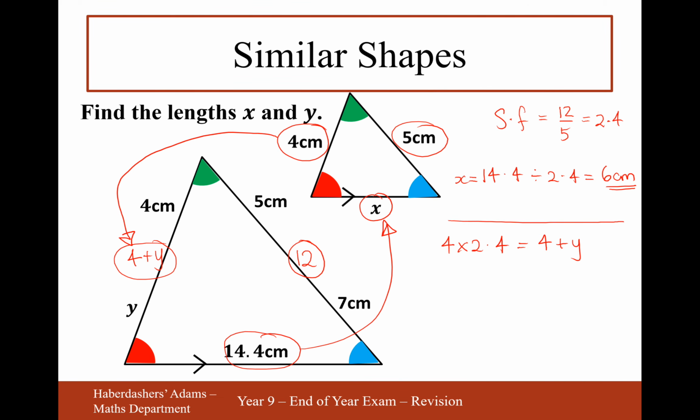And I've got myself a little equation here actually. On the left hand side, 4 times 2.4 gives me 9.6. But then I actually need to take away 4 to work out what y is. So my actual answer for y is 5.6. So there we have it. 6 centimeters here, 5.6 centimeters here.